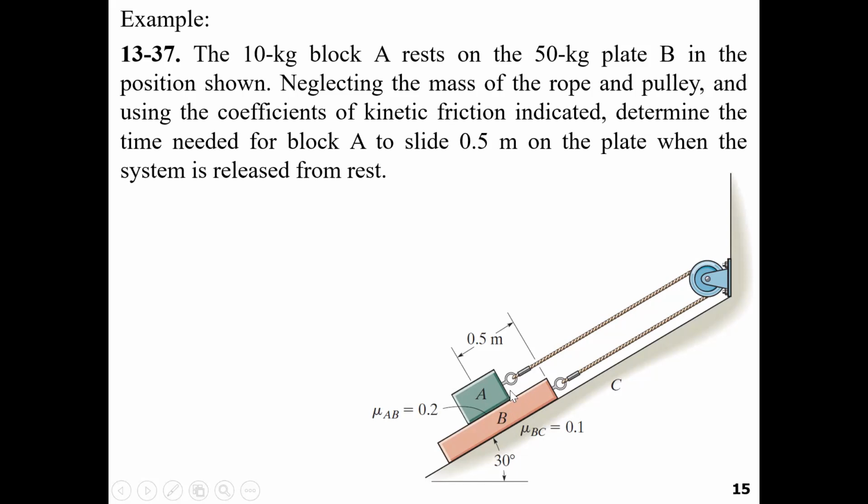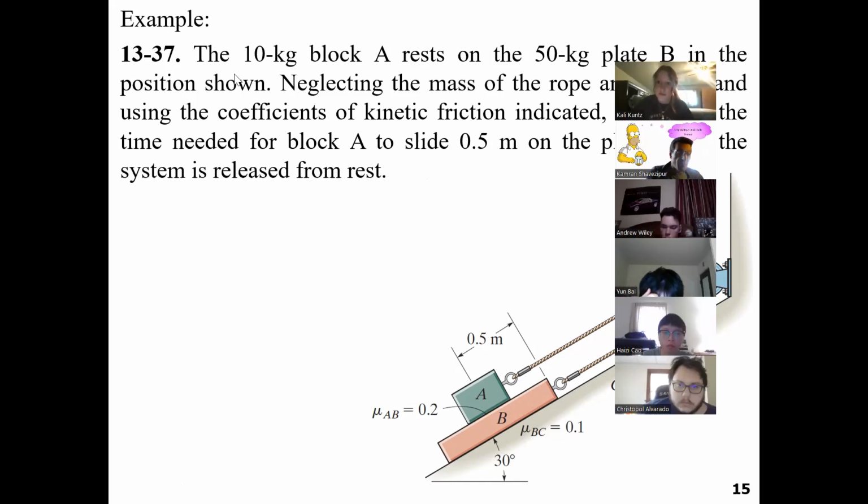So technically, this is the combination. It's at rest. You release it. It's going to move one way or another. And then we want to see how long it takes for A to move 0.5 meter on B. So is the definition of problem clear?